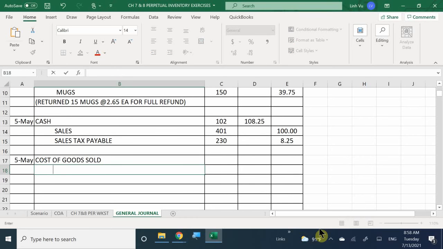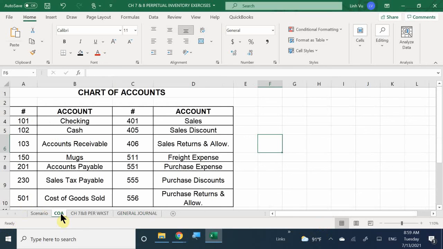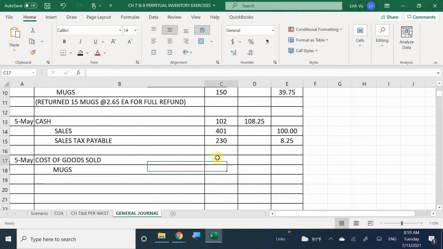Mugs inventory. Yes, we're going to take it out from my actual inventory because I sold 10 mugs. So my cost of goods sold account is account number 501, and my mugs inventory is 150.